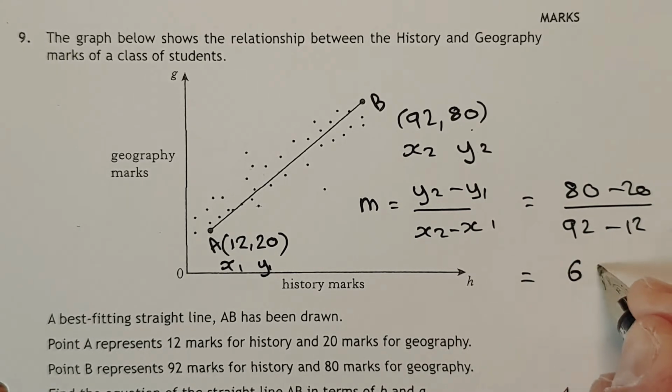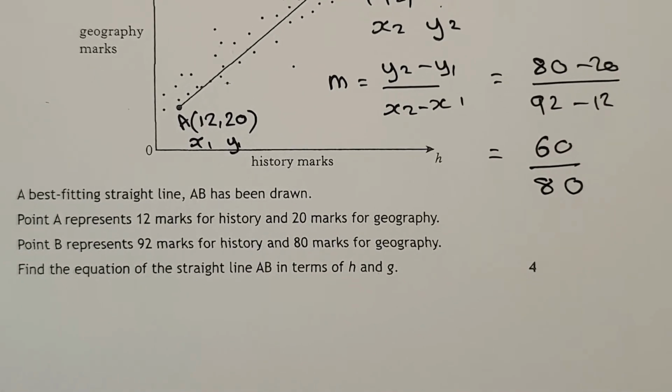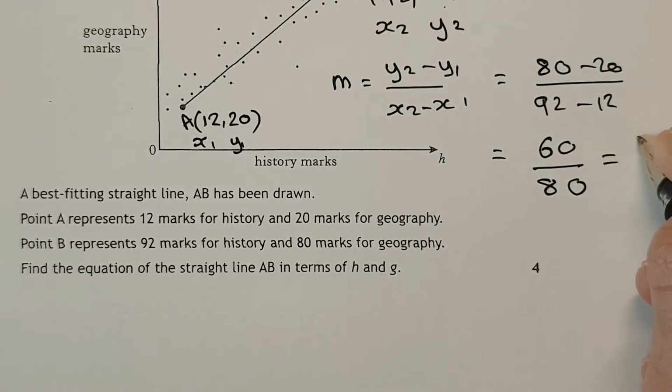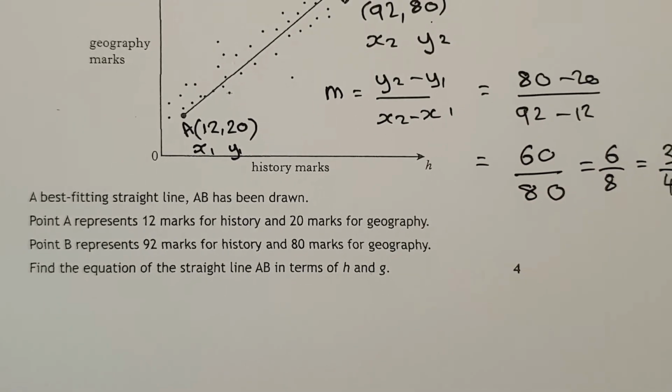So that's going to be 60 over 80. Now, if you do 60 over 80, you can simplify that down. Well, you can get 6 over 8 for a start. And they're both in the 2 times table, so we're going to get 3 over 4. So our gradient is going to be 3 over 4.